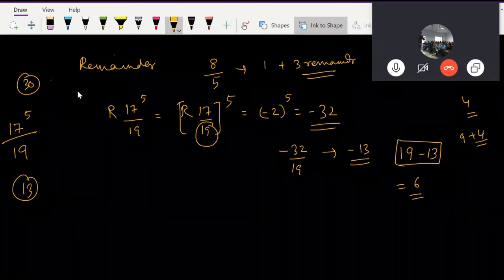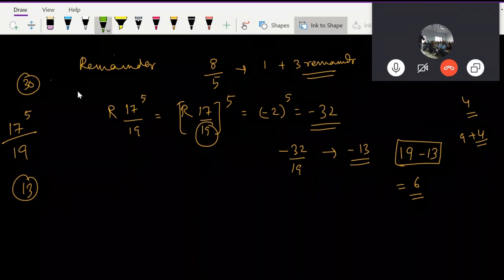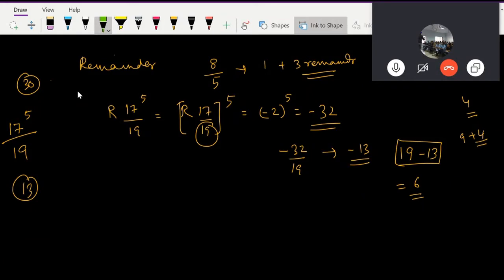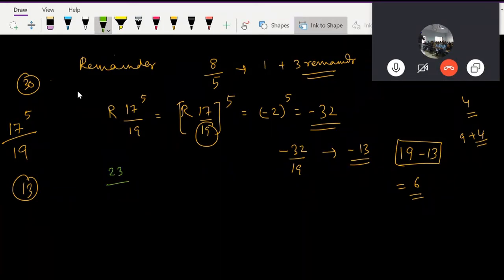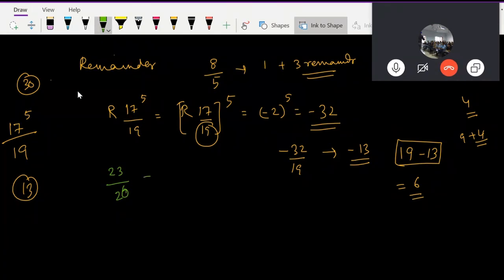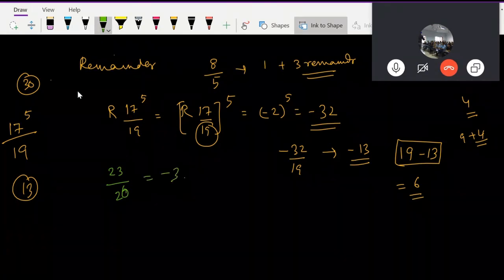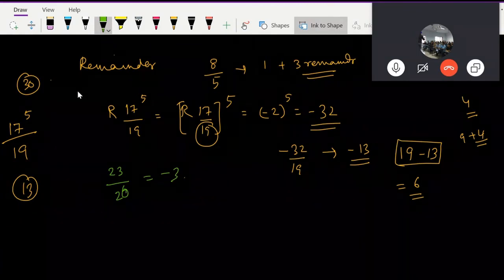Okay, let us take another small example. Let's say, what would be the remainder when we divide 23 by 26? Minus 3, right? Minus 3, correct?